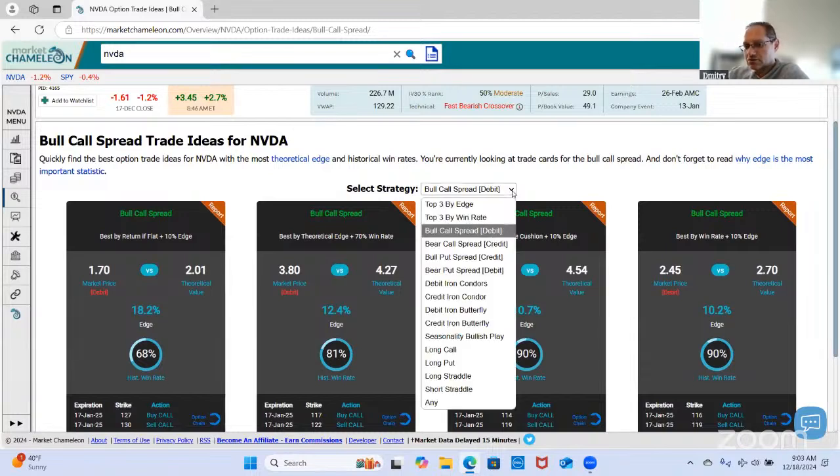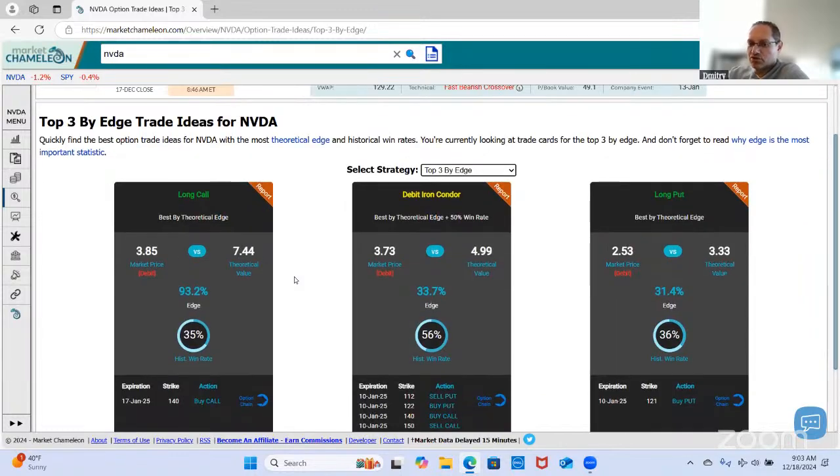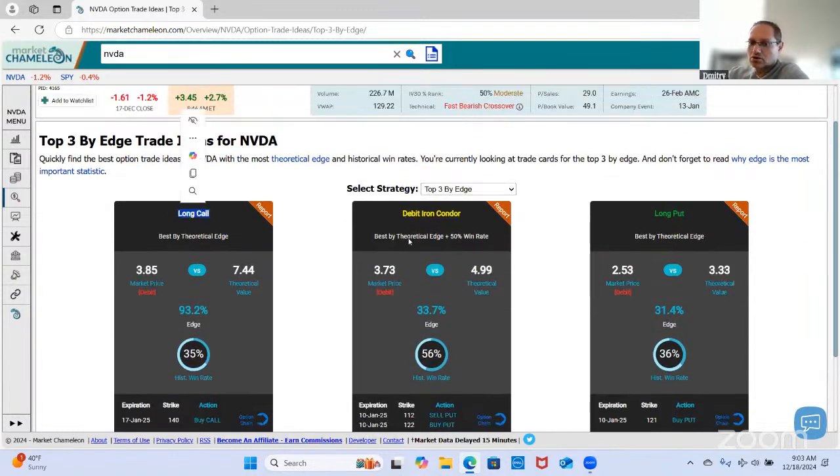Let's come back though to these top three by edge. And here we see filtered out, it came up with three trade ideas: a long call, debit iron condor, and a long put. And all these option trade ideas have a different outlook.